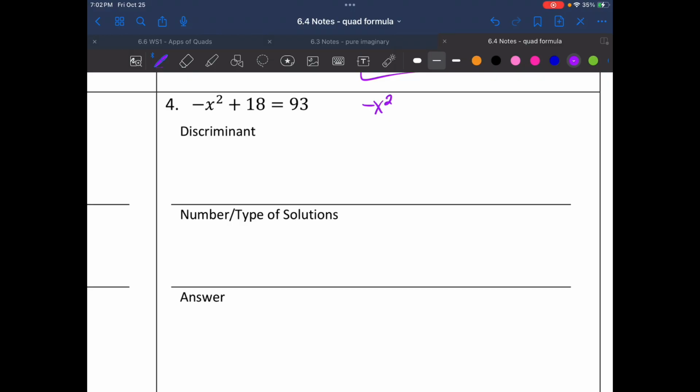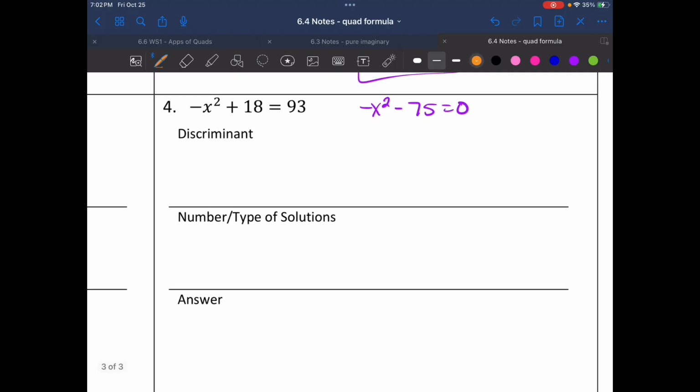Get the equation to equal 0. 18 minus 93. Identify a, b, and c. So this time the a is negative 1, b is missing, c is negative 75. So discriminant equals b squared minus 4ac.